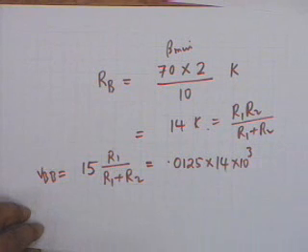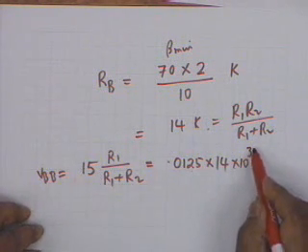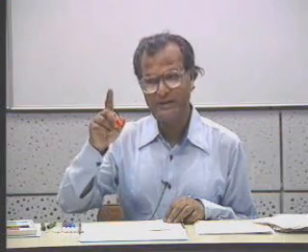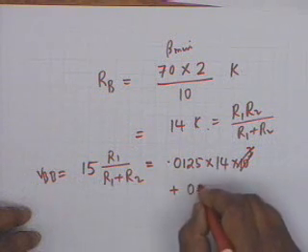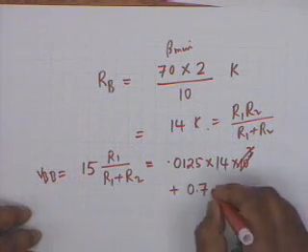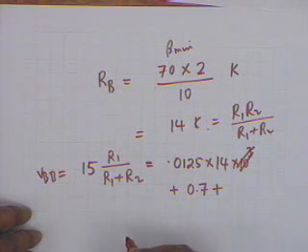No, I beg your pardon. Don't allow me to make a mistake. Will this 10 to the power 3 be there? No, because 0.0125 is in milliamperes. Okay. Plus VBE, you take that as 0.7, plus VE.